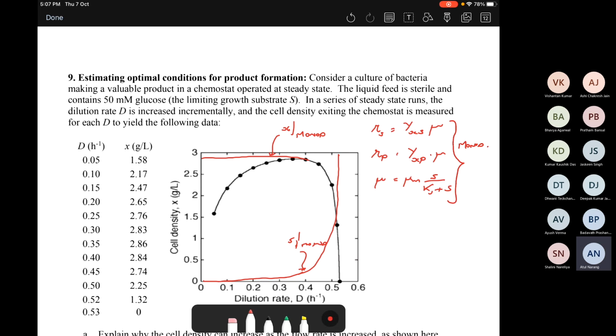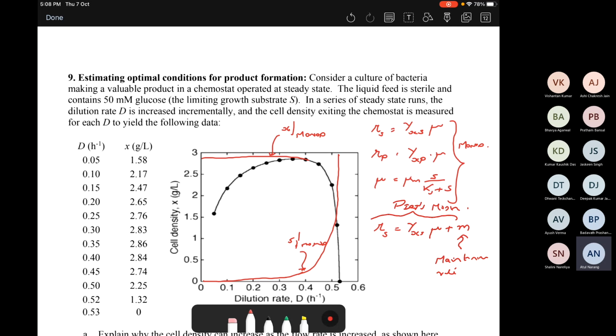And the first variant for this was discussed in class, plus m, where this is the maintenance rate. This was referred to in class as Pirt's model. This is all covered in class.